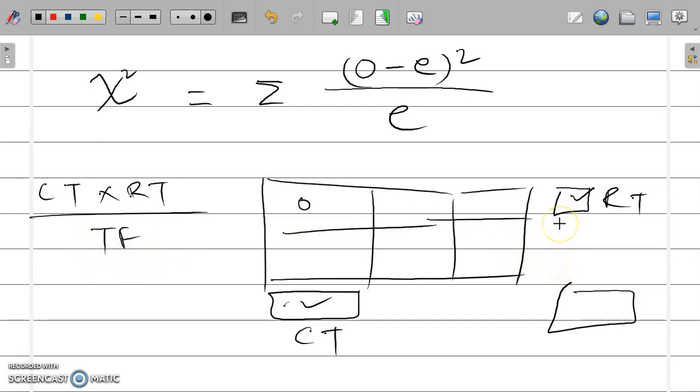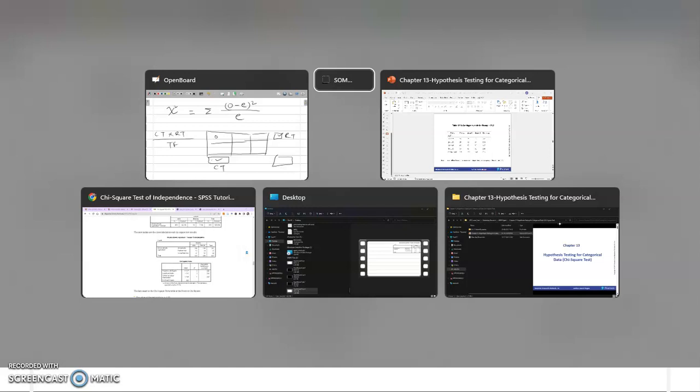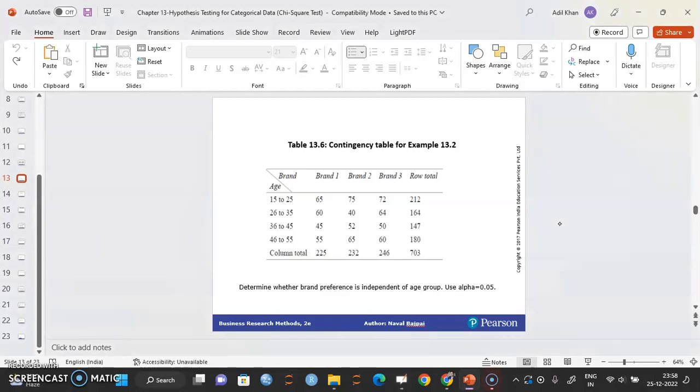So let's take that example and try to solve that problem. In this case, our row total is 212, column total is 225. For this cell, what is the expected frequency? We can calculate expected frequency by multiplying 212 and 225 and then dividing it by 703.